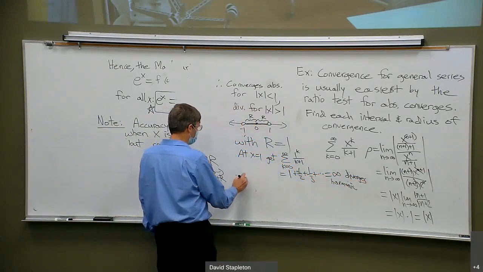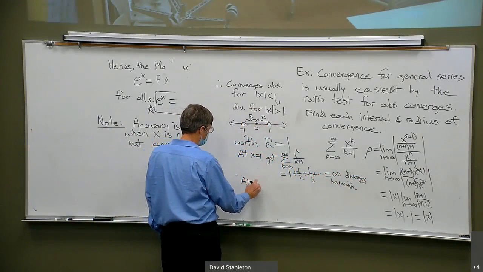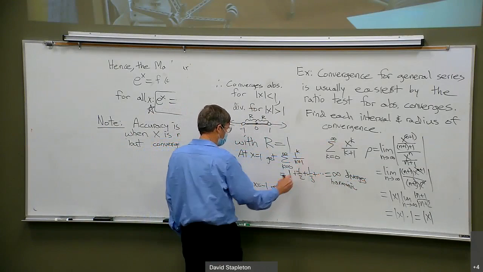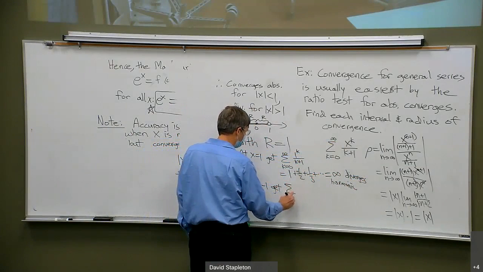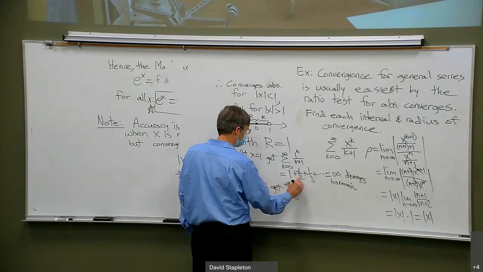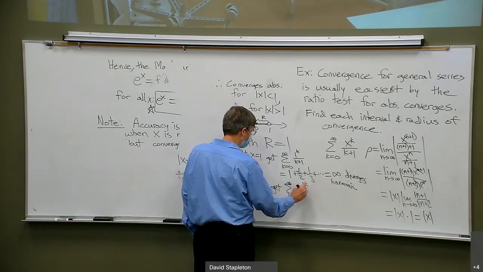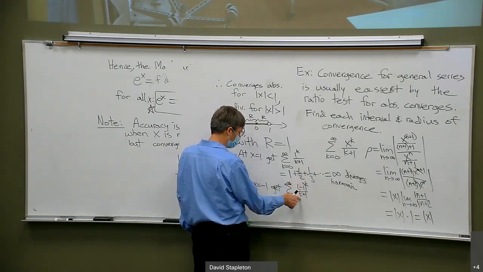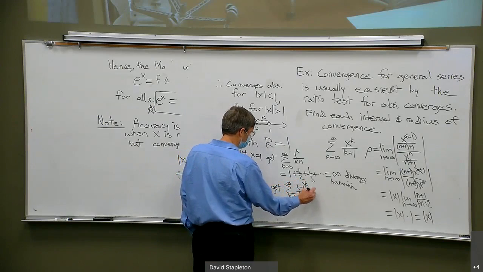Then we check the other point, at x equals minus 1. We get for the series, now we can put in x equals minus 1, the sum k equals 0 to infinity of minus 1 to the k over k plus 1. Sometimes it helps to write out the first three terms. You put in k equals 0, minus 1 to the 0 is 1, over 1, so you get 1.